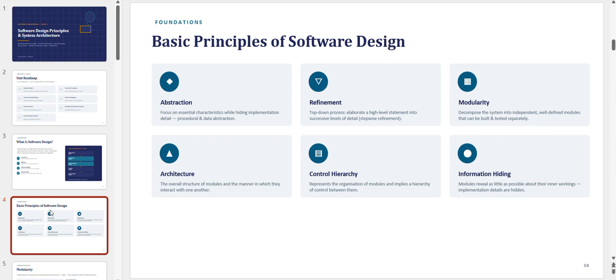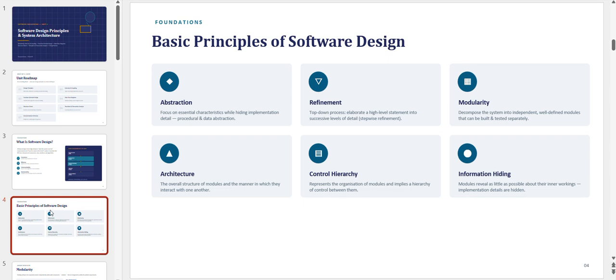So in modularity, we have seen how we decompose a system into independent, well-defined modules that can be built and tested separately. In architecture, we see the overall structure of modules and the manner in which they interact with one another.